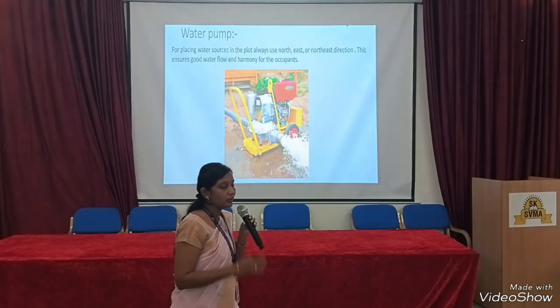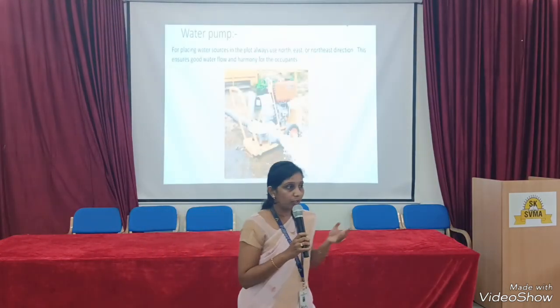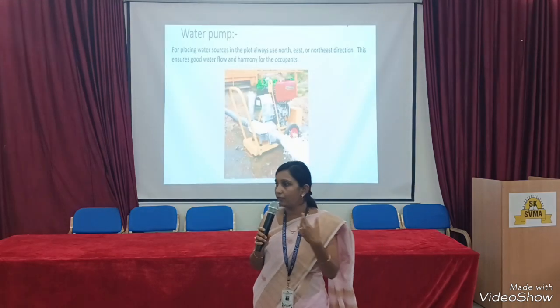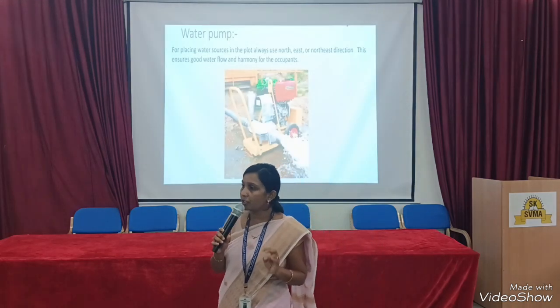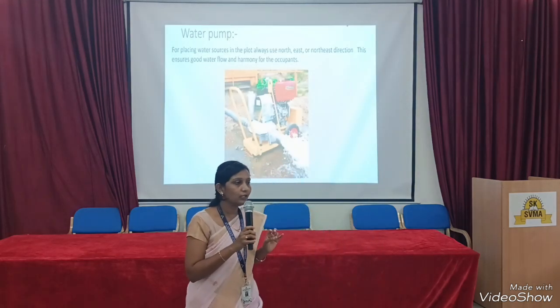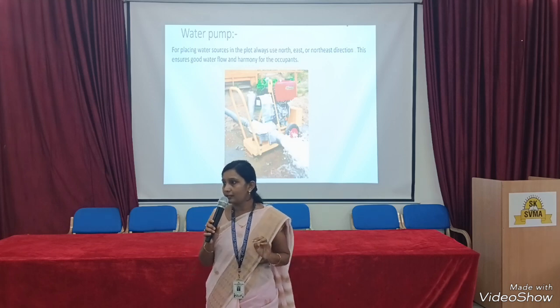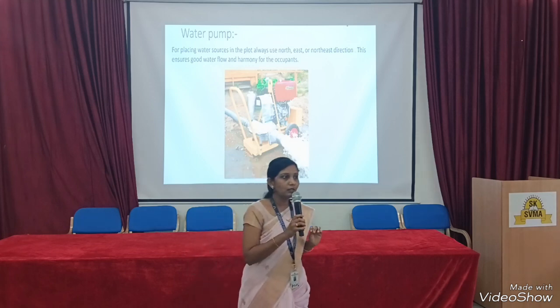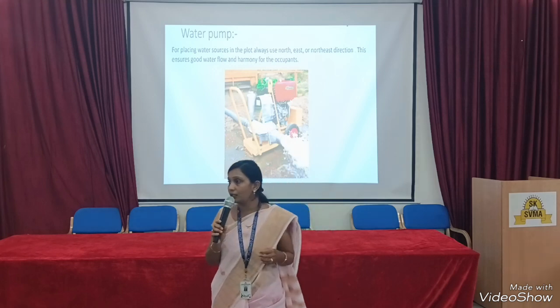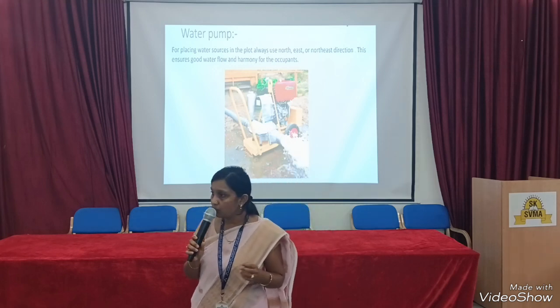And next one, after the excavation. Okay, we have done the cleanliness. We have done the excavation. The next question will come regarding the water source. You need to construct a water tank, isn't it, for the storage of the water. Where you need to construct, that is also there in the Vastu.